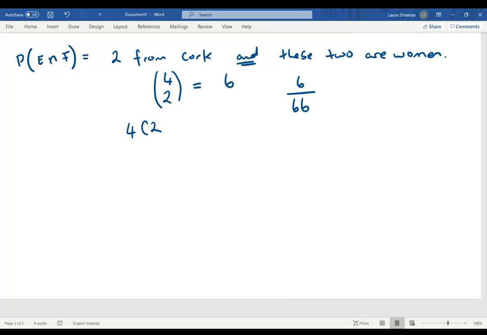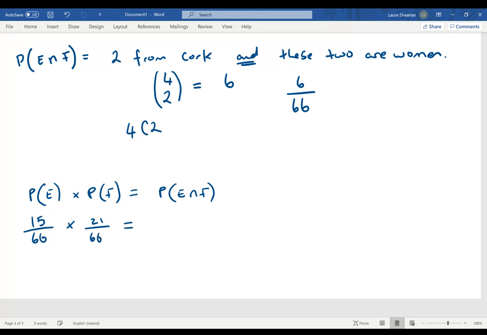Then I've got my probability of E multiplied by my probability of F. If they are independent, then that will equal my probability of E intersection F, so it will equal 6 over 66. My probability of E was 15 over 66. My probability of F is 21 over 66.